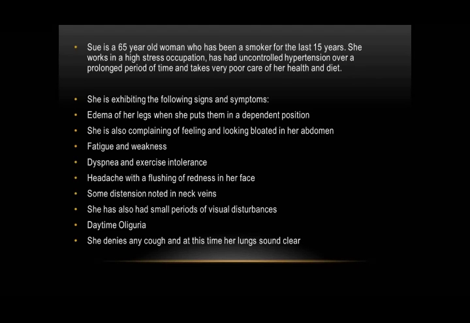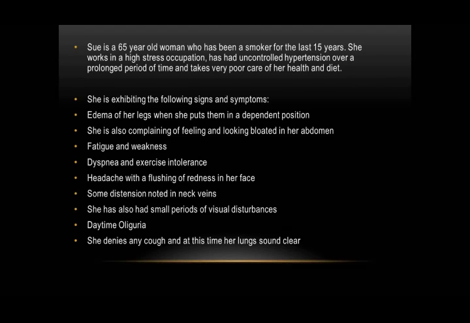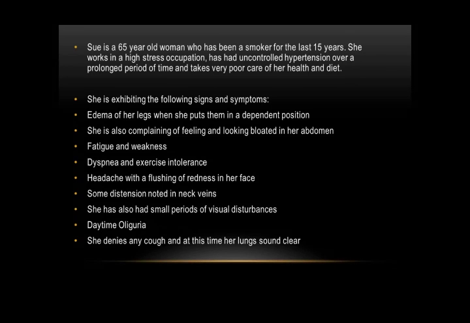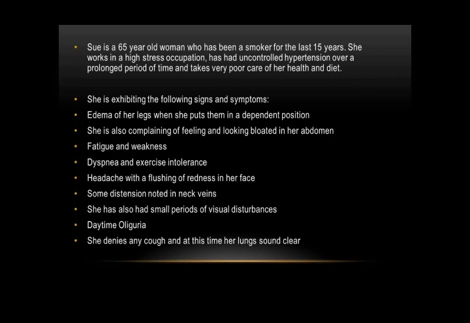It doesn't stay, but it's just small periods of these. She's having to urinate a lot during the day, but she's denying that she has any kind of a cough, and her lungs sound clear right now. So notice how I wrote a description and I gave some signs and symptoms.